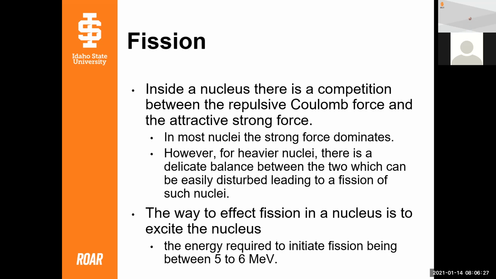Because the balance between the Coulomb and the strong force, that repellent and attractive force, is carefully balanced, it's easily disturbed if something like a neutron slams into that atom, okay? But because there is a force that is resisting change, that neutron does have to have enough energy in the first place to start a fission reaction. That is between 5 and 6 MeV.